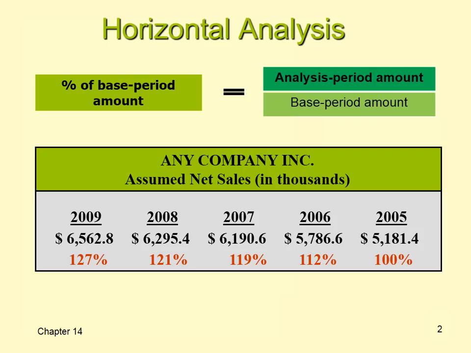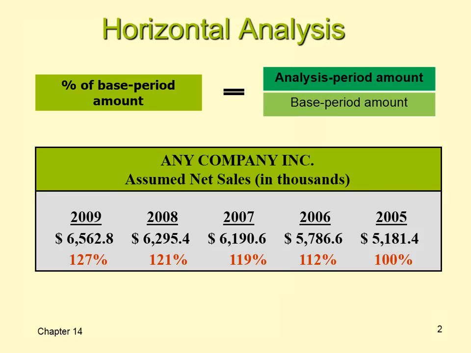Well, actually it's in thousands, so it's $6,190,600 divided by $5,181,400. But the gist is, you don't change that base once you've set it. We'll take every single number and express it as a percentage of that $5,181,000.